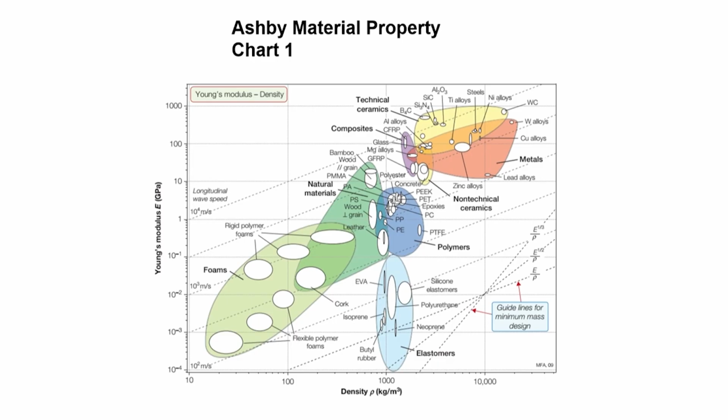Like in this case, it is E by rho that we are looking at, and one important thing here, you would also see that the slopes are given here, like the E by rho slope is this one, whereas the E to the power half over rho slope is this one. And of course, the full square root of E by rho is not shown here, but you can similarly draw these slopes.